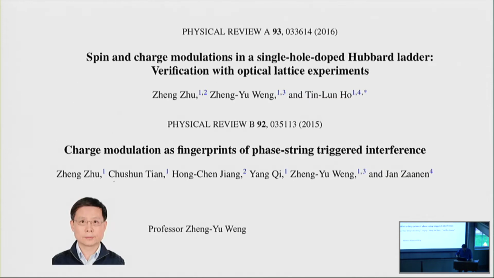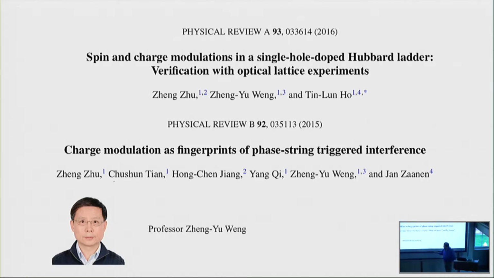The talk is based on this work, and basically one of them is on the Hubbard model, the other one is on the t-J model, and I will convince you that at sufficiently low temperatures the two models are the same.